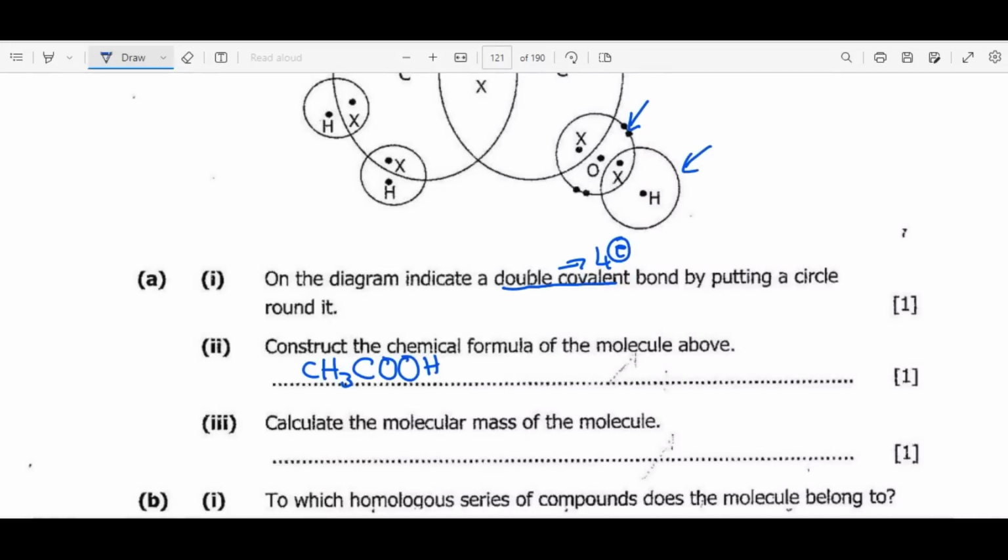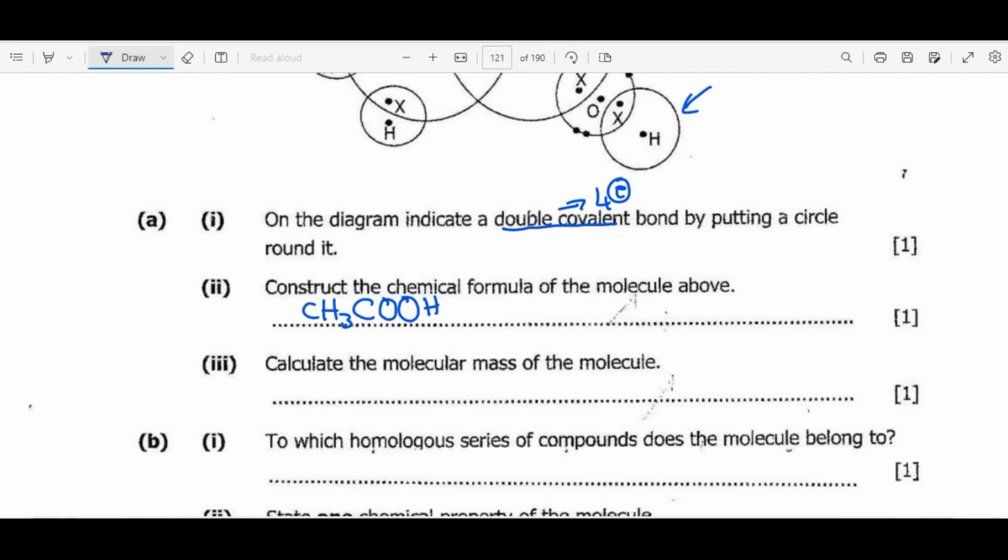Then calculate the molecular mass of the molecule. So Mr is equal to, we have 2 atoms of carbon, so carbon times 2, plus hydrogen times 4, 3 plus 1, then plus oxygen times 2, giving us 12 times 2 plus 1 times 4 plus 16 times 2.